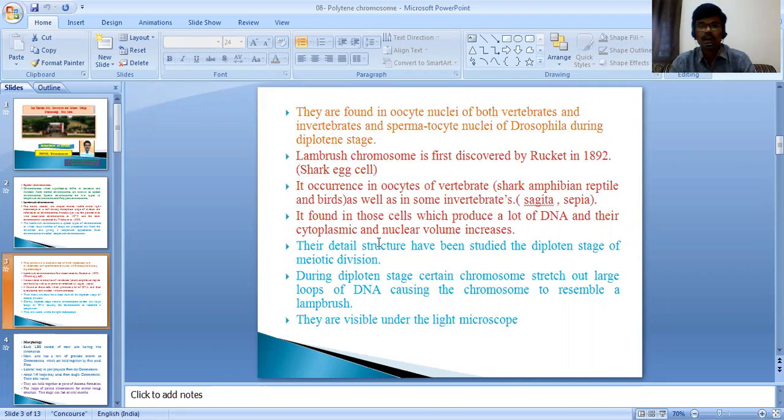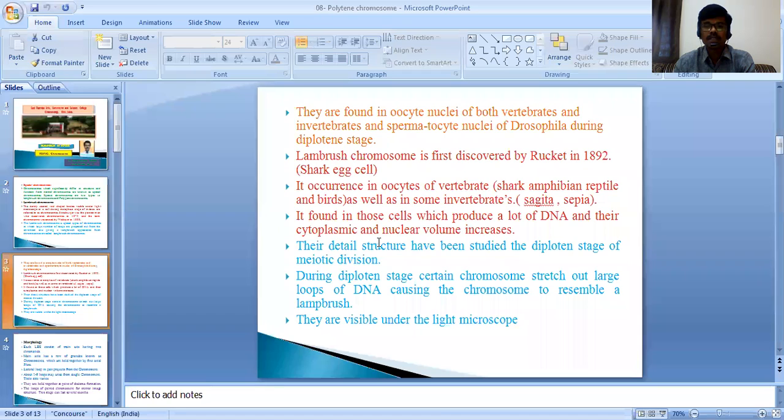Then it occurs in oocytes of vertebrates, that is shark, amphibians, reptiles and birds, as well as in some invertebrates, that is Sagitta and Sepia. Then it is found in those cells which produce a lot of DNA and whose cytoplasmic and nuclear volume increases.